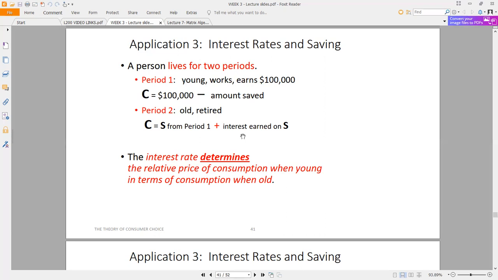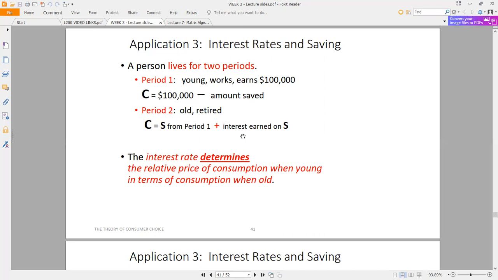Now, the interest rate determines the price of current consumption in terms of old age consumption. In other words, the interest rate gives you the price of consumption in period 1 in terms of consumption in period 2. Now, when you save, you earn interest on it.